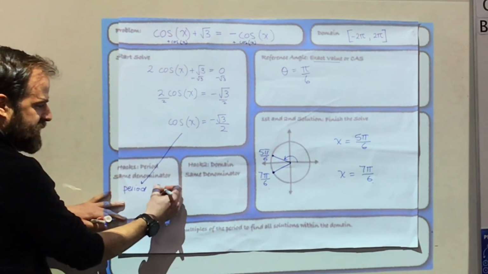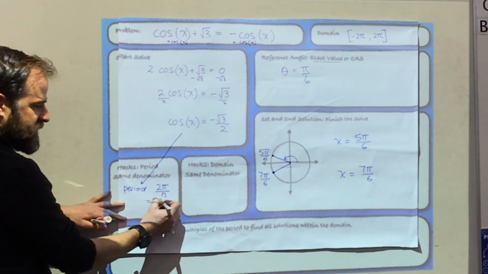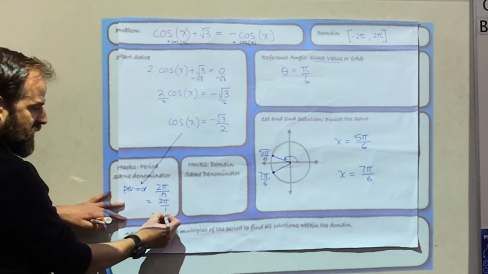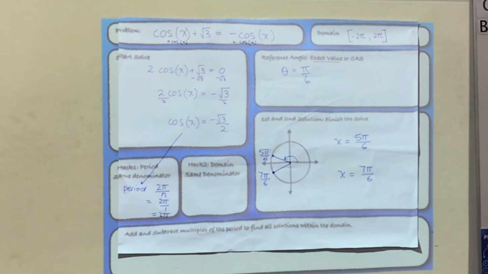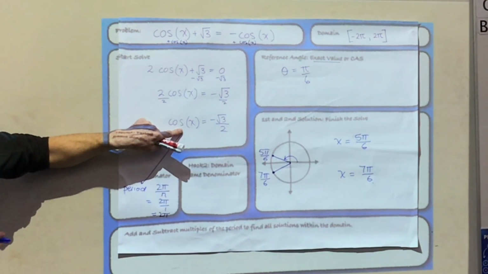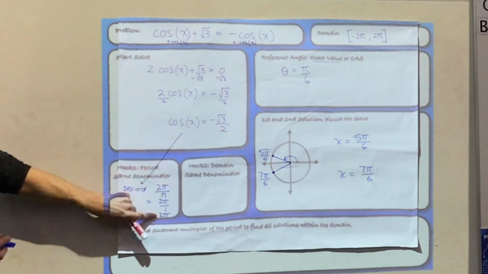The period would be 2 pi divided by n, which would be 2 pi divided by 1, which just equals 2 pi. Correct? So if this was a cos graph, that graph would have a period of 2 pi.